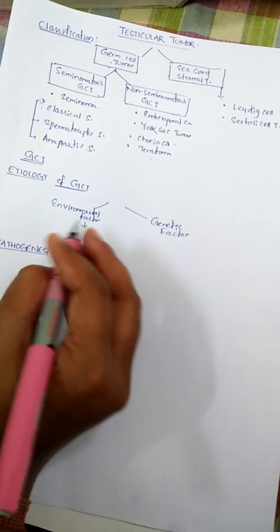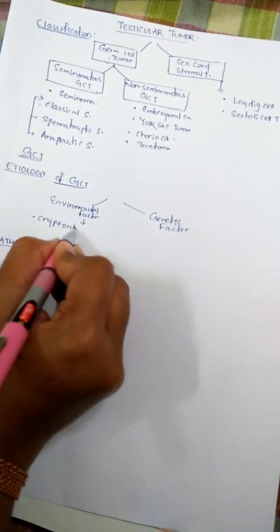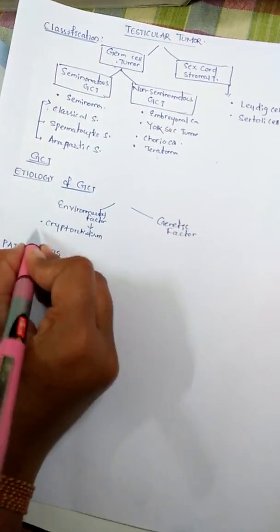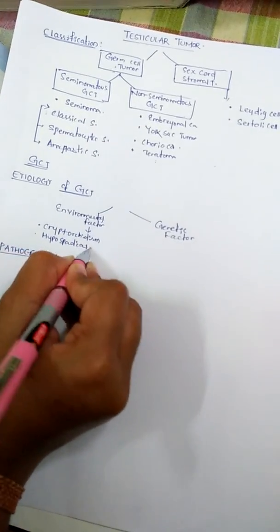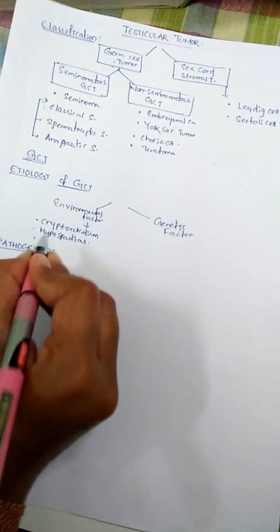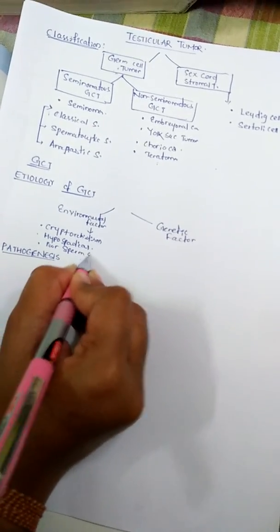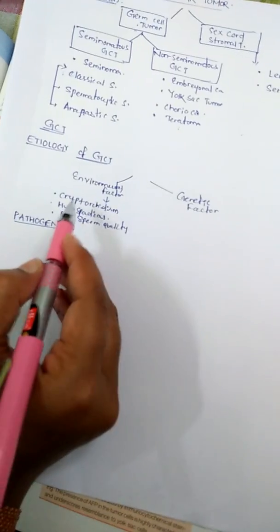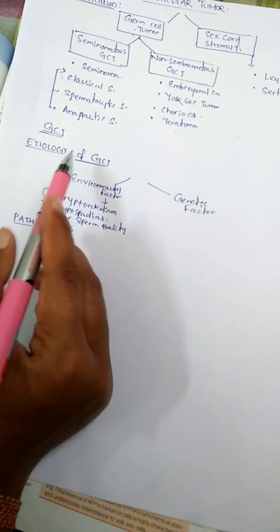What are the other testicular disorders? Like cryptorchidism, where there is a failure of the descent of the testis, or hypospadias, in which the urethral opening is present underneath the penis, and poor sperm quality. All these testicular disorders are always associated with the germ cell tumor.